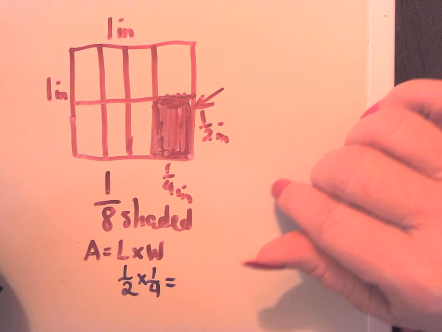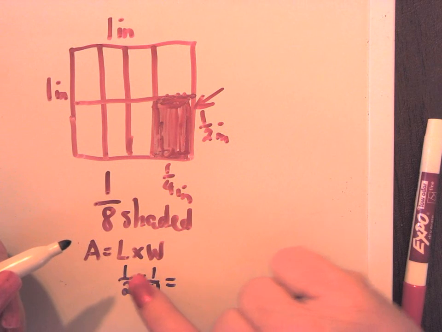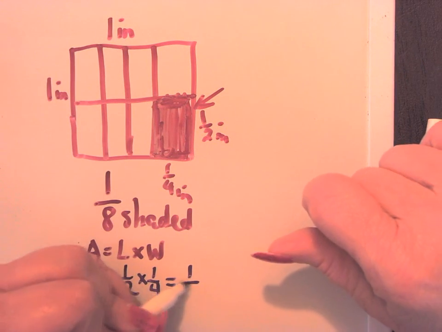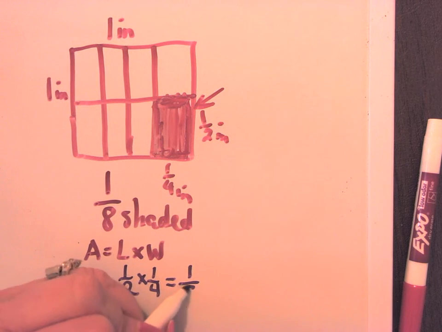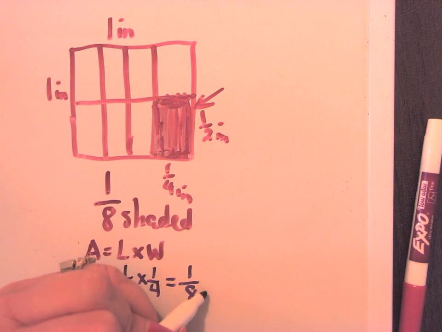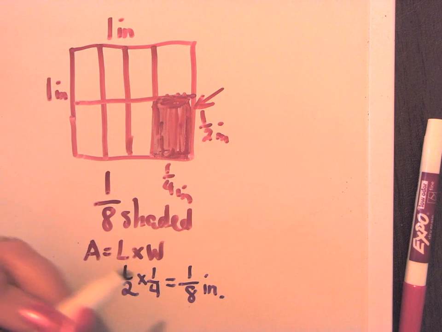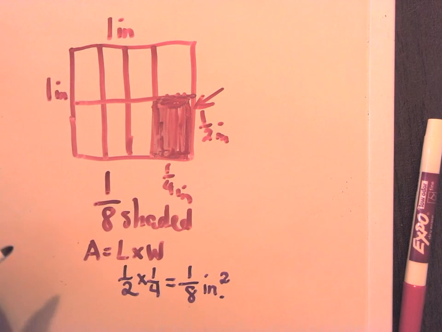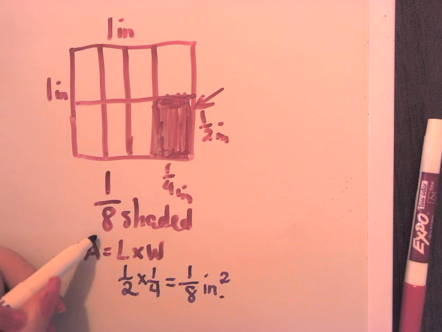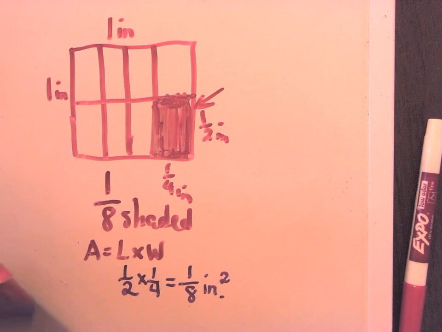Just like we were doing earlier, 1 times 1 equals 1. 2 times 4 equals 8. So 1/8 of an inch would be its area, and of course it's squared, so we put the square up there because all area is squared. So 1/8 square inch, or you could do 1/8 inch squared. Either way is fine, but remember, area has that little 2 for squared.